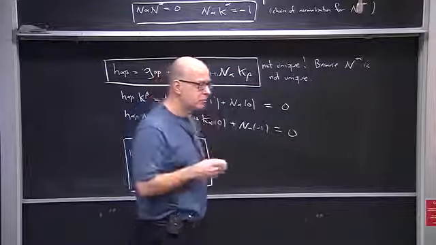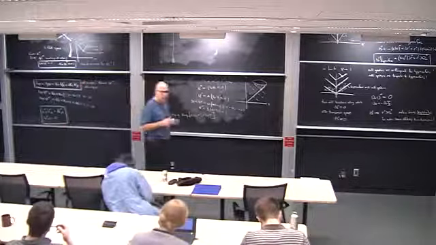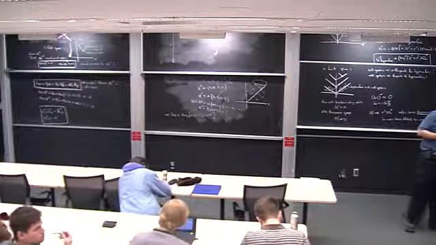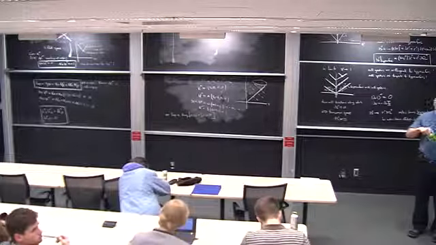You had a question? Maybe you already answered this, but if you can choose n to be any vector along that cone, then shouldn't any vector along that cone be orthogonal to h?